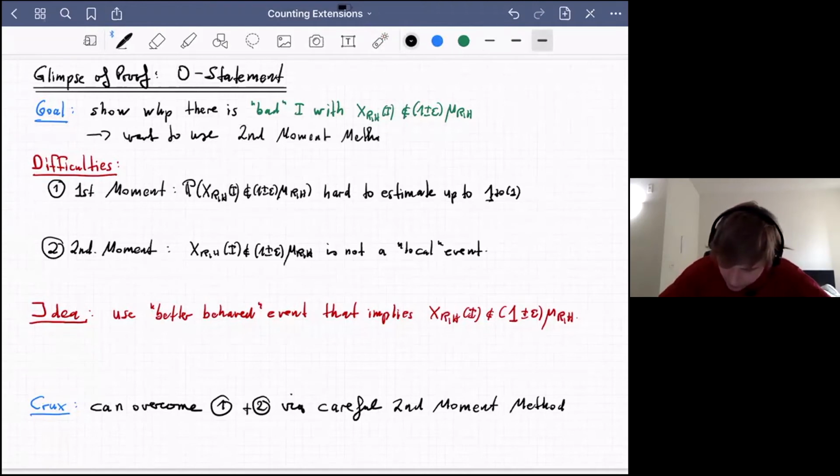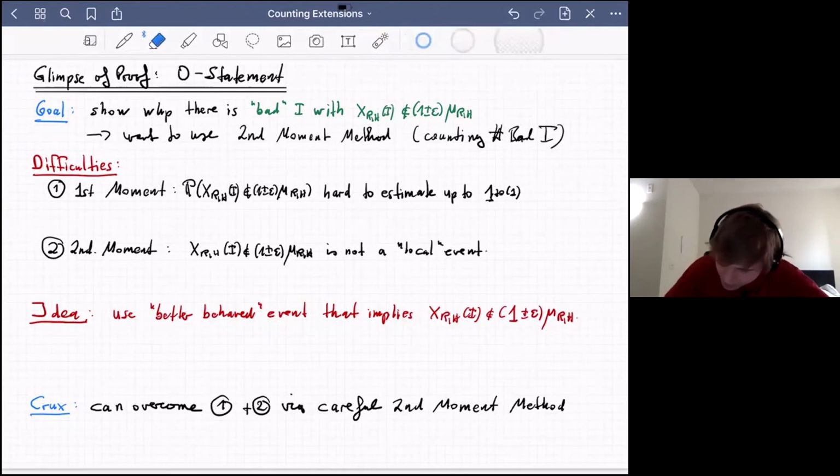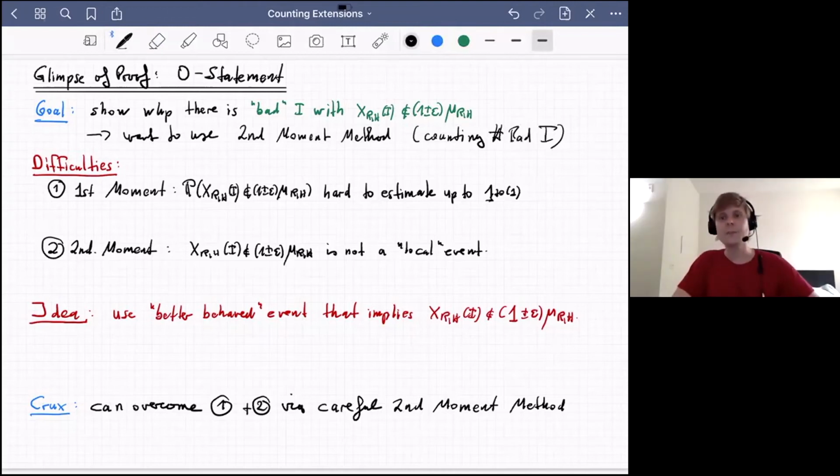And so basically the simplest thing we can do is just counting the number of bad vertices i. Okay, so we calculate the expectation and the variance of this, and then hope for the best that we can push this through. If you try to do that, you run into two conceptual difficulties. One is, let's just look at the first moment.